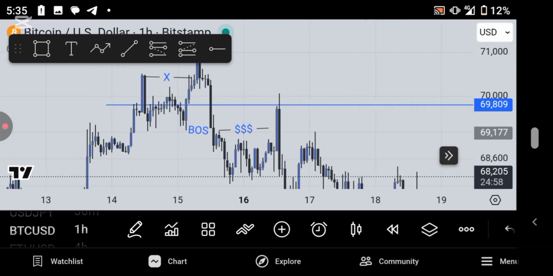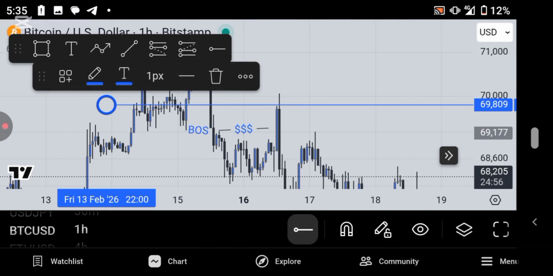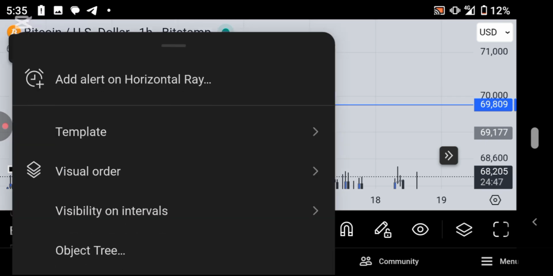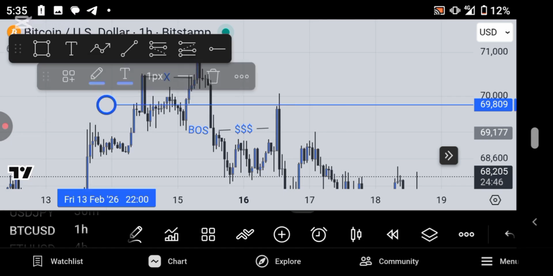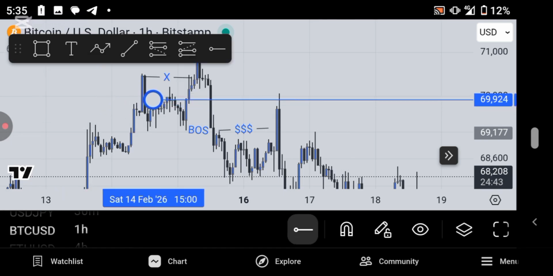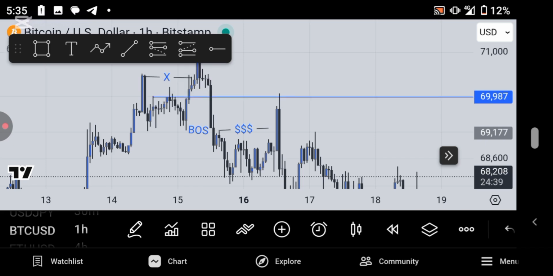So where do we enter from? Since this is our daily point of interest, we look for the nearest point of interest closest to the daily point of interest. And where is it? This QM right here. The QM right here is our high probability point of interest, or entry point.